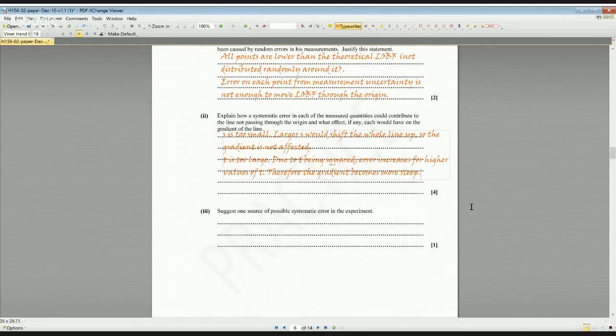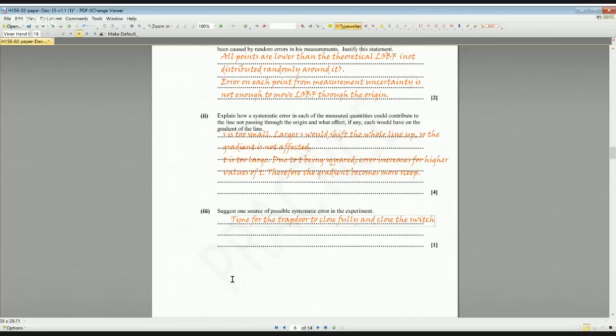So suggest one possible source of systematic error. This needs to be consistent with what we just said above here. So we either need to do something that would explain the s being too small, I don't know, maybe a parallax error on the ruler perhaps, or that explains t being too large. I'm going to go with t being too large because there's a nice answer here, which is the time for the trapdoor to close fully and close the switch.